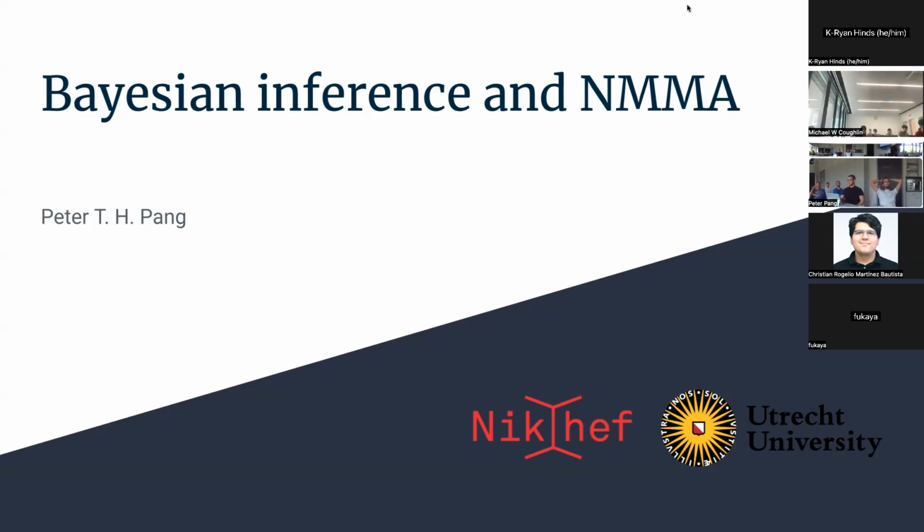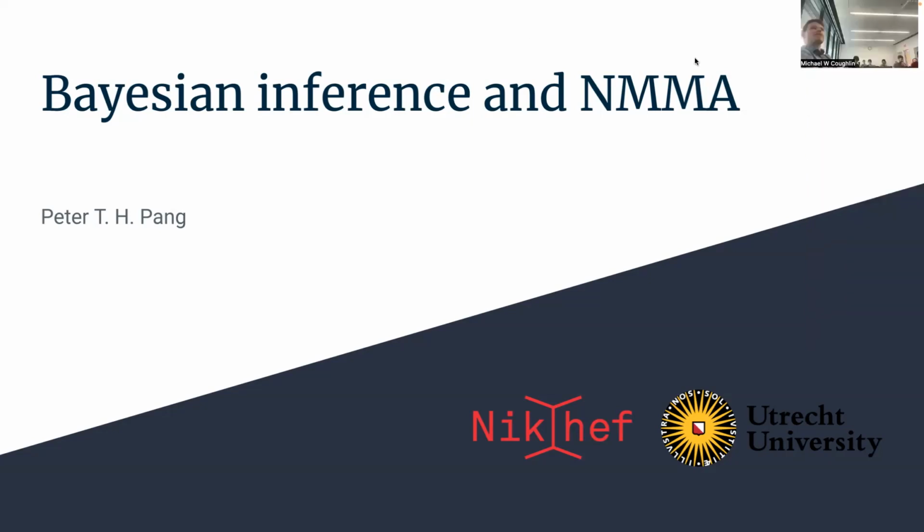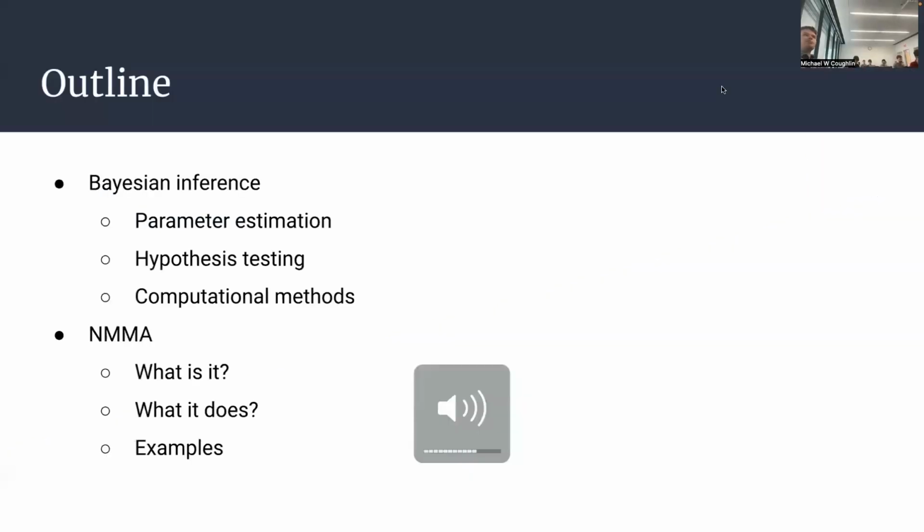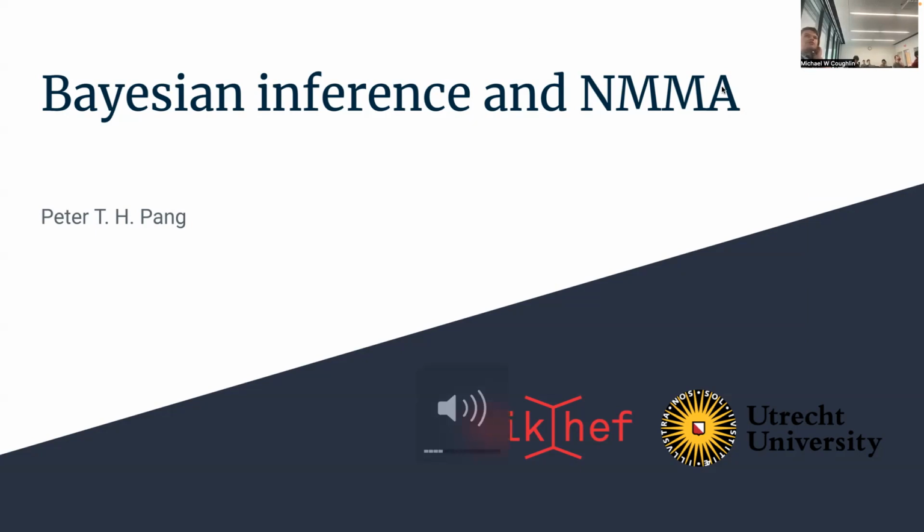So I guess I don't know if I'm still in charge here, but I'm happy to introduce Peter Pang. Peter's going to give a joint seminar between the summer school and University of Potsdam, where he's visiting for the week. I don't know if he won the best thesis in the Netherlands last year or something, but he won an award for his work on Bayesian inference of a variety of transients.